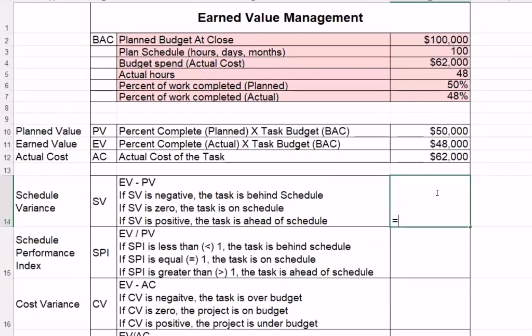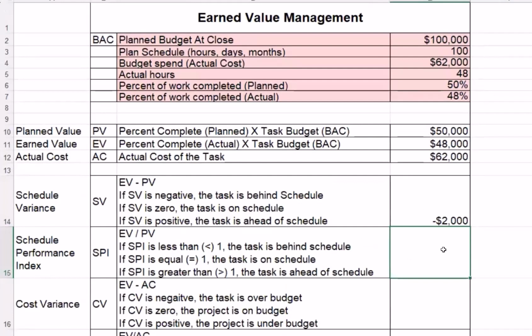Schedule variance is our EV minus PV. If schedule variance is negative, the task is behind schedule. That confirms what we would expect.